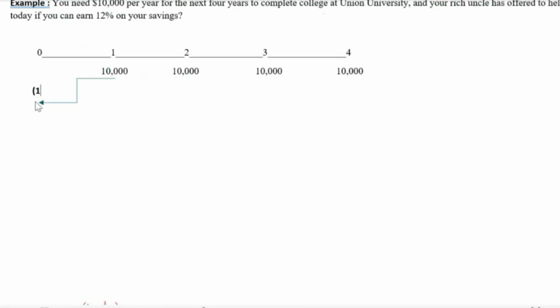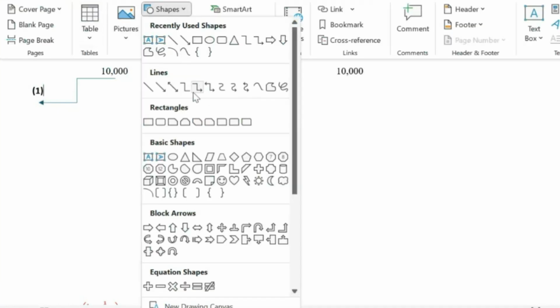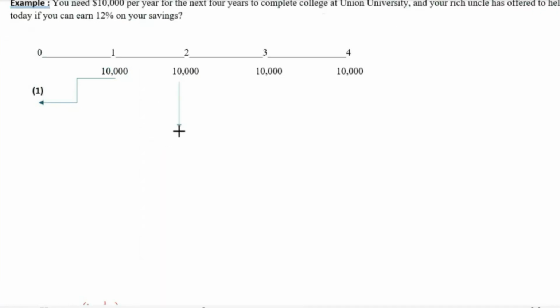Instead of one big check, let's say uncle is going to write you four checks. The first one, you put in a 1 year CD, to make sure it will grow to $10,000 after a year. The second check you put in a 2 year CD, to make sure it will grow to $10,000 in year 2.